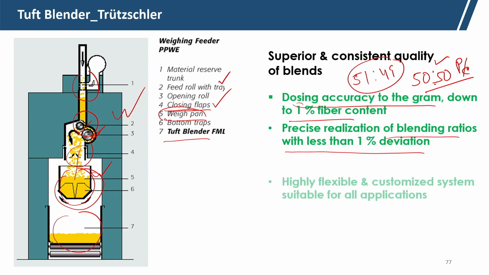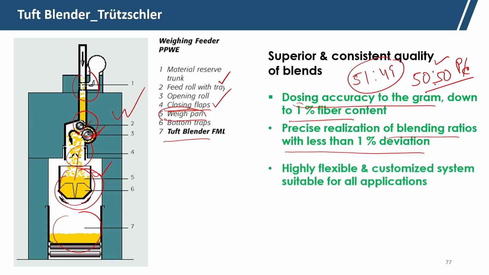Now, before we discuss another system, this is a highly flexible, customized system suitable for all applications. We can use different types of fibers, because here the different fibers are treated at different segments, depending on the type of fibers.